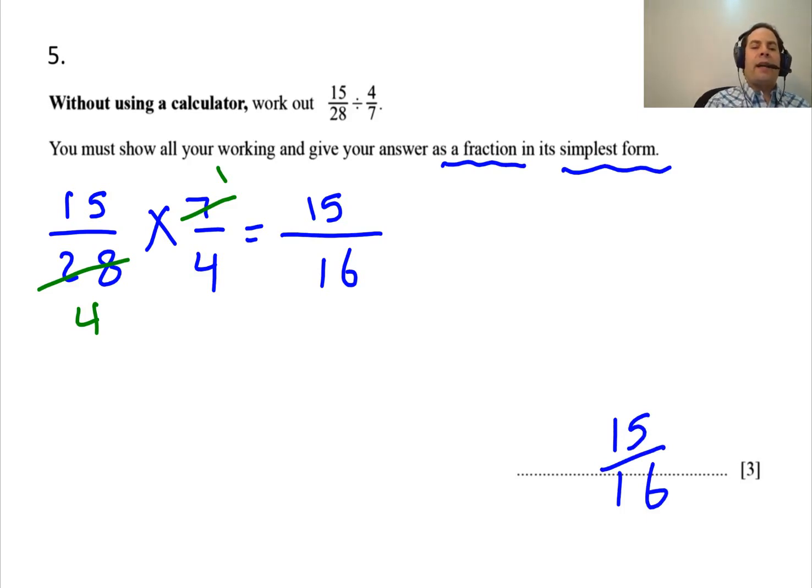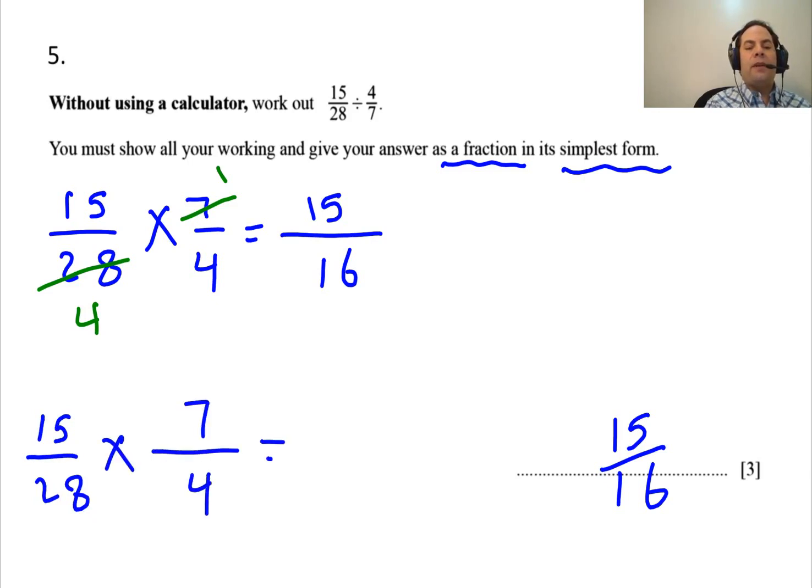Or, again, you can write the first fraction, 15 divided by 28, then multiply: division, multiplication, reciprocal. First steps are the same. But the second one, you can directly multiply 15 times 7, which is equal to 105.